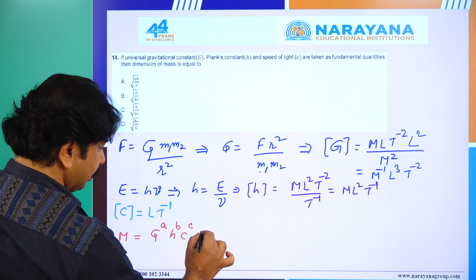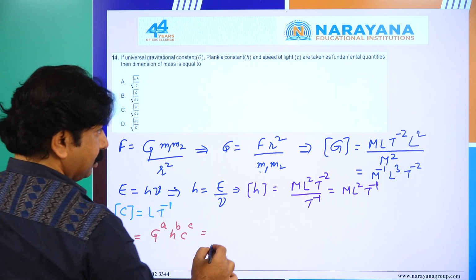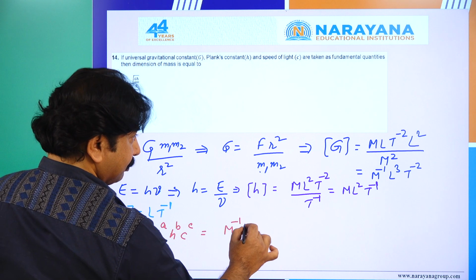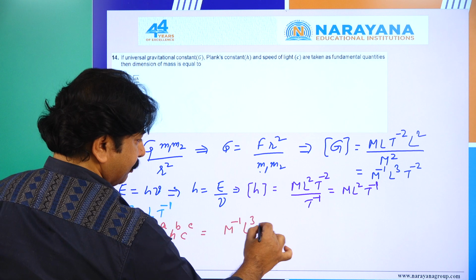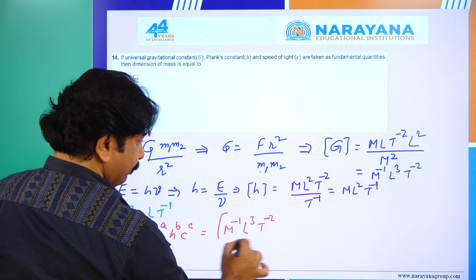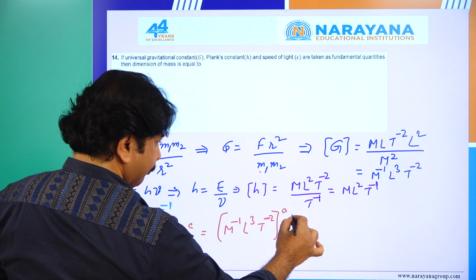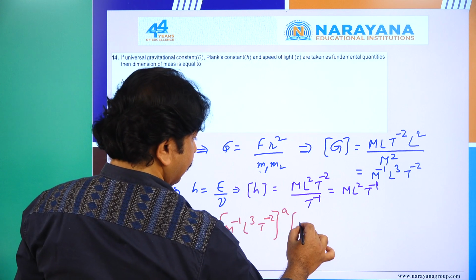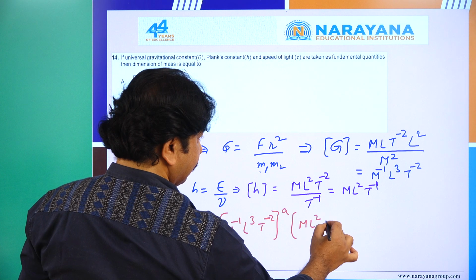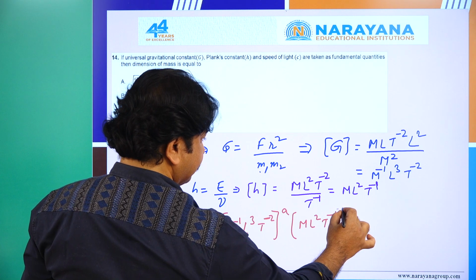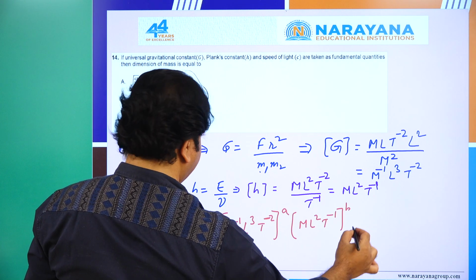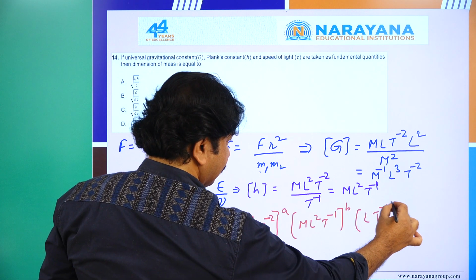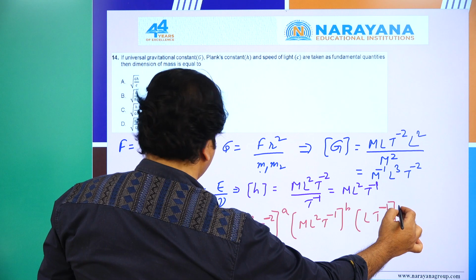That means we can write here m power minus 1 L cube T power minus 2 whole power a, h power, m L square T power minus 1 whole power b, L T power minus 1 whole power c.